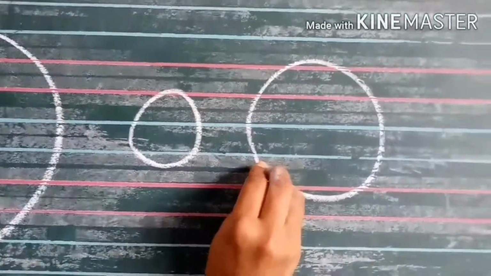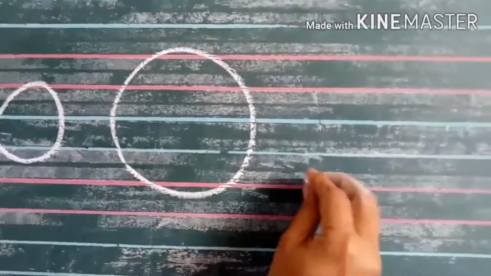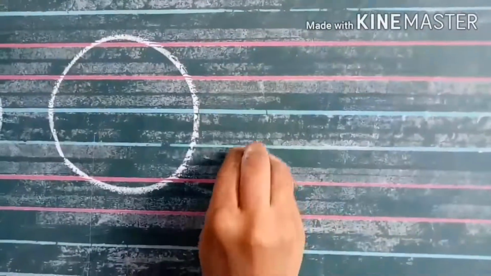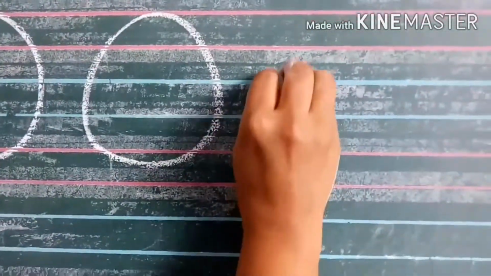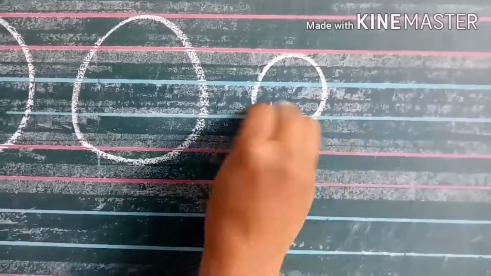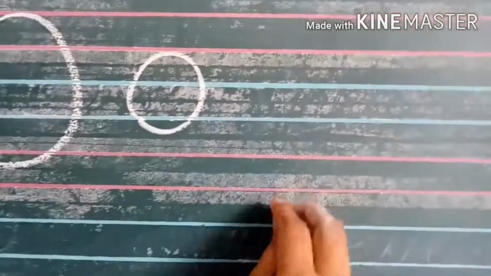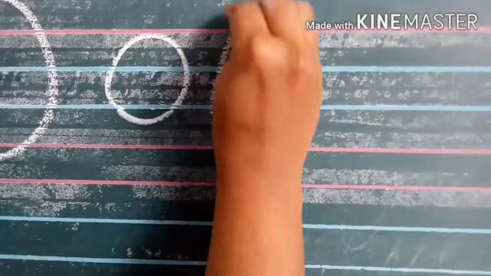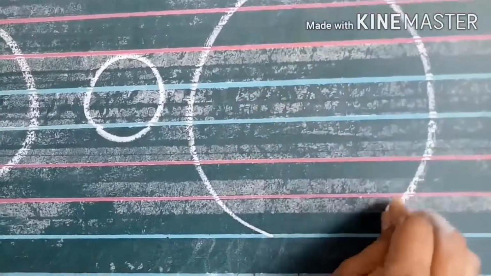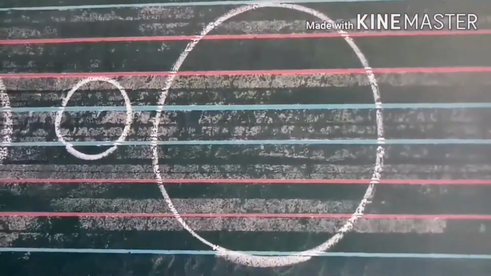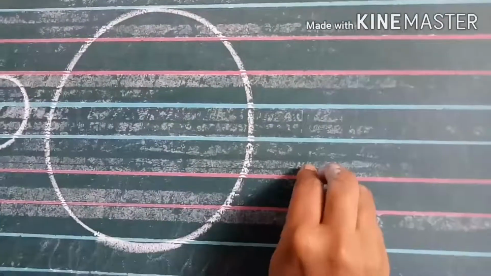Then a bigger circle. Again one circle. Now you have to draw a small circle and we should draw a very big circle now.